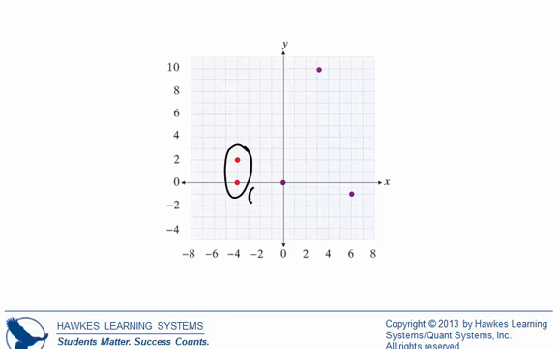This is the point -4, 0, and this is the point -4, 2. Again, we have that duplication of x values that we saw in the previous example. So this is another way of looking at that same example and concluding that no, it is not a function.